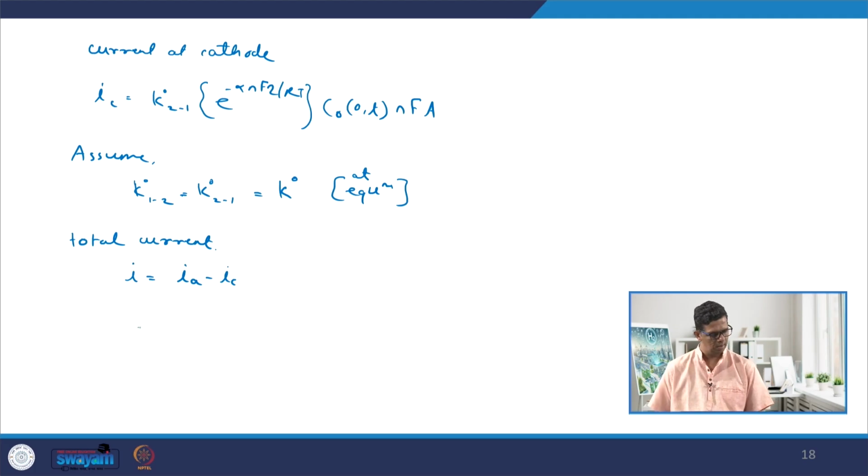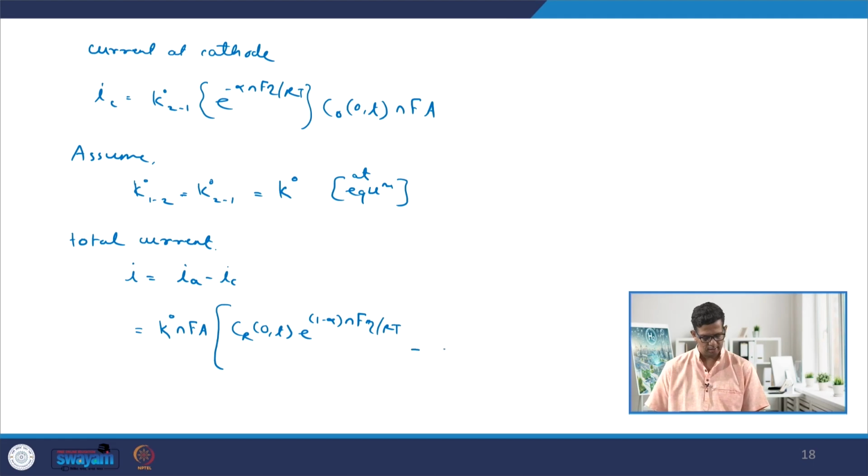Let's substitute for both of these currents and take k naught and FA outside. What we have is CR(0,t) e to the power (1 minus alpha) nF eta by RT minus CO(0,t) e to the power minus alpha nF eta by RT. Let's call this equation 1.